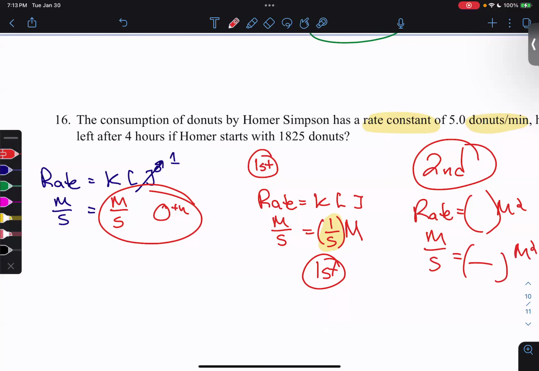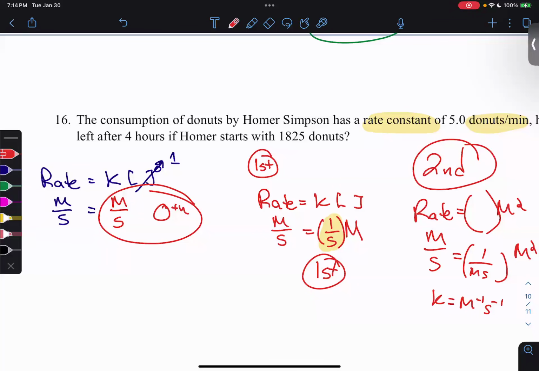This one's a little trickier. I need a molarity on the bottom, so one of them cancels, and I need a 2nd on the bottom. So for a 2nd order, K has a unit of molarity to the -1, seconds to the -1. That's how you get it, right? So you can get it on the fly if you're good with units like that, or there's only 3 of them, so I guess you could memorize them too, but you don't have to.